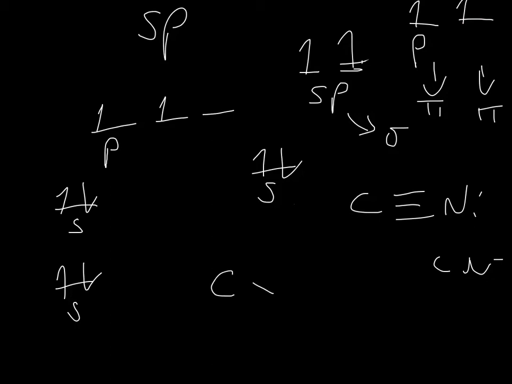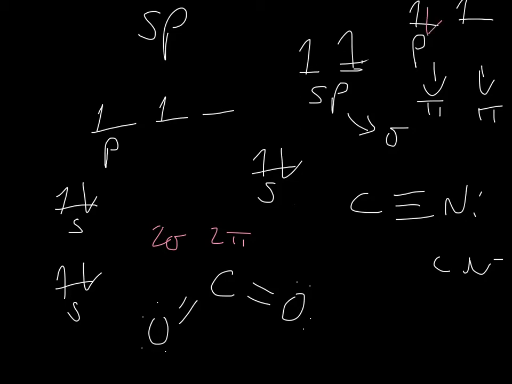So if I draw CO2, whoops, that's not the way to do that. CO2 with its nice lone pairs, we see there are two sigma bonds and there are two pi bonds. Well, what does that sound like to you? That's sp orbital.